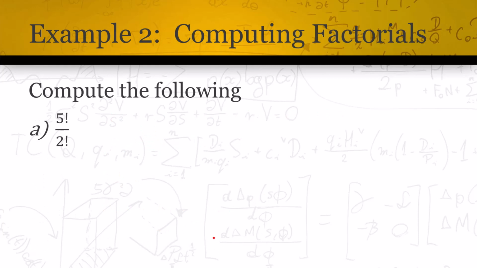For example, we want to compute the following. 5 factorial over 2 factorial. That is going to be equal to 5 times 4 times 3 times 2 times 1 divided by 2 times 1. Conveniently, the 2's cancel, the 1's cancel, and you just simply have 5 times 4 times 3. 5 times 4 is 20, times 3 is 60.